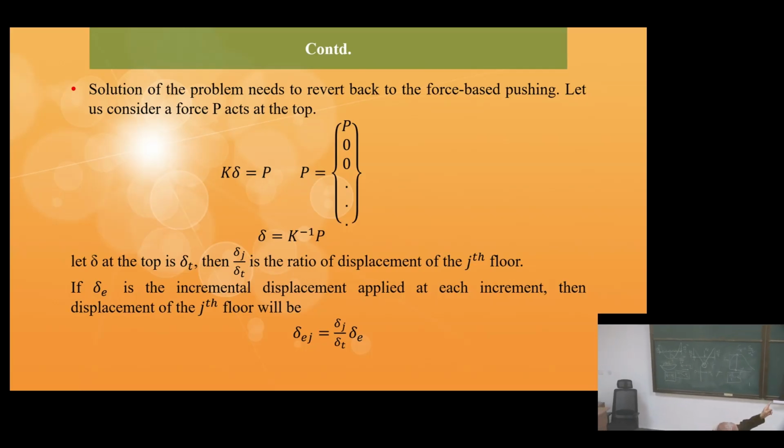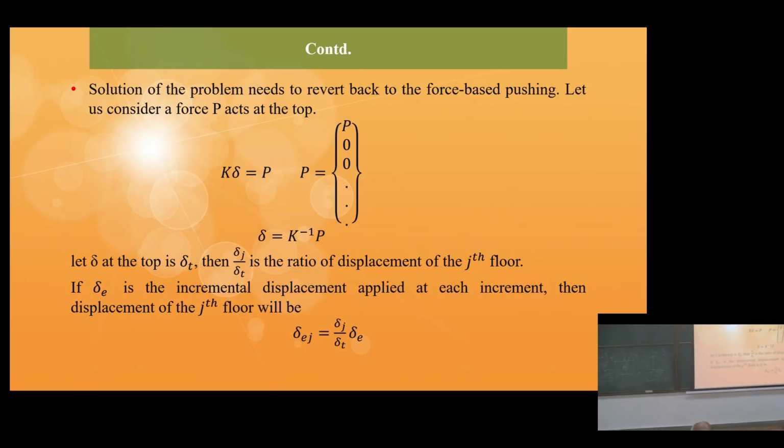Then you need to first solve the problem as a force-based problem, giving a unit force at the top. Find out the value of delta T. Once you find out delta T, then you can obtain the value of the other displacements in the displacement base.